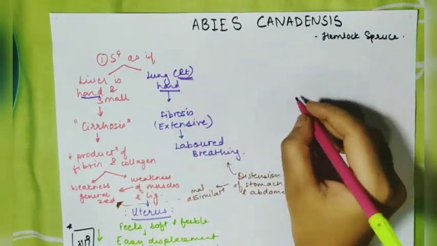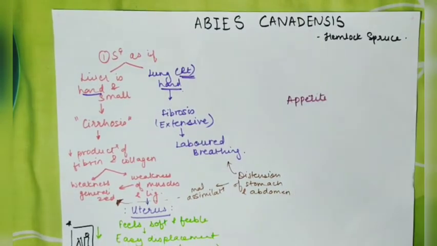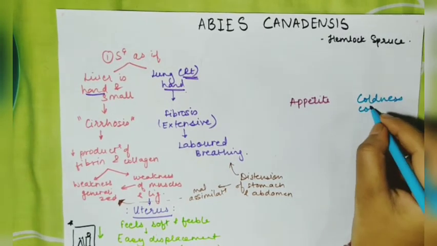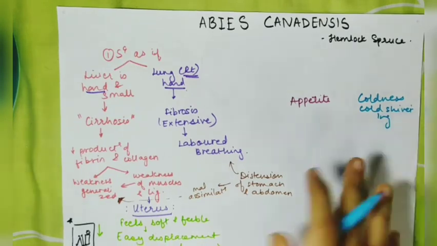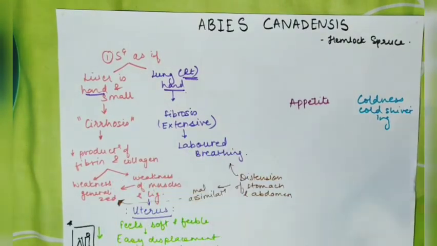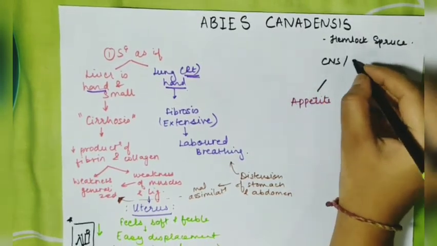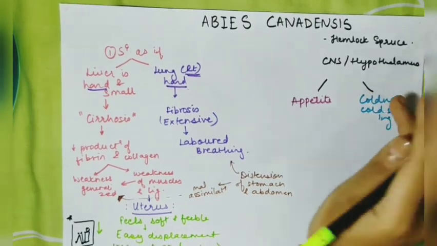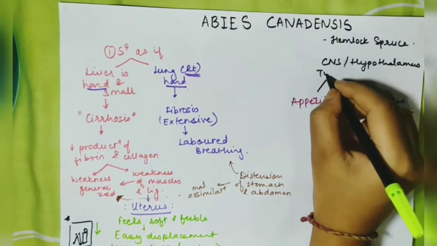And also there is a peculiar sensation of chilliness and coldness which is present in the drug, and I was thinking how could these symptoms be related to it, and I couldn't find anything much. So I think there can be some CNS or hypothalamus involvement, because the hypothalamus in itself is related to the hunger and satiety center and is also the thermoregulatory center, a tumor or a lesion.